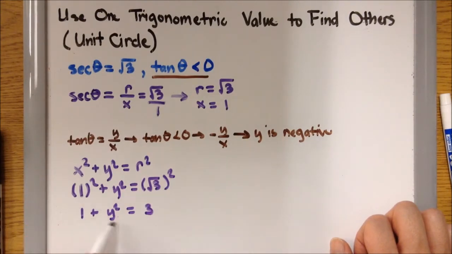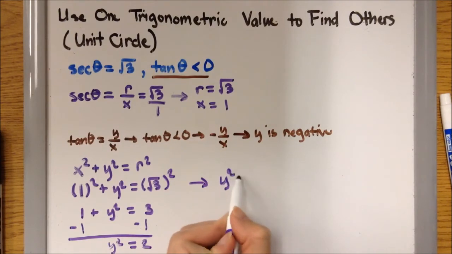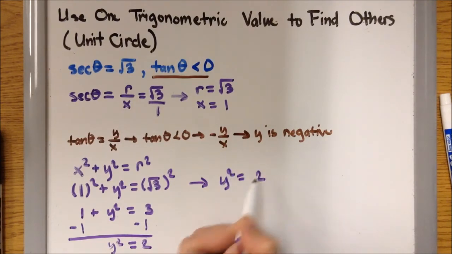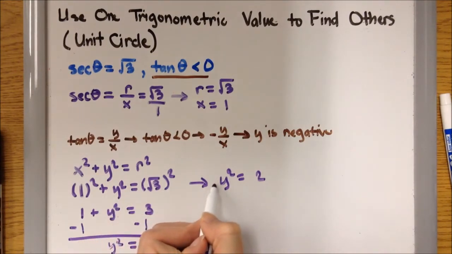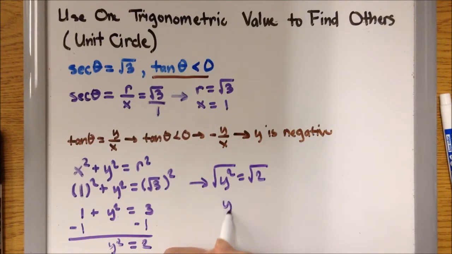And when I'm solving for y, I'm going to subtract 1. We're going to have y squared equals 2. Then to get y by itself, I'm going to square root each side, where we're going to get y equal to the square root of 2.